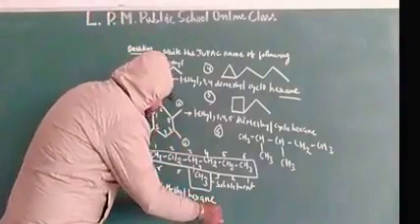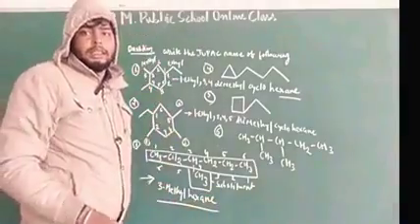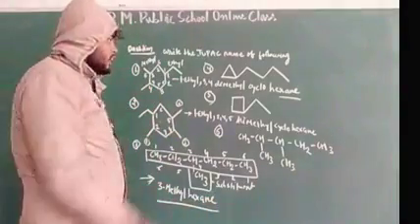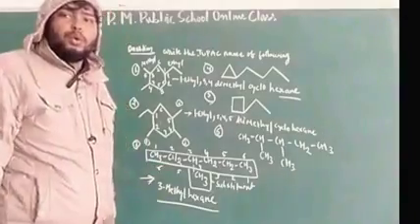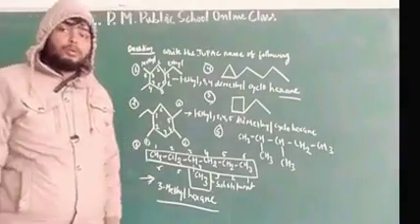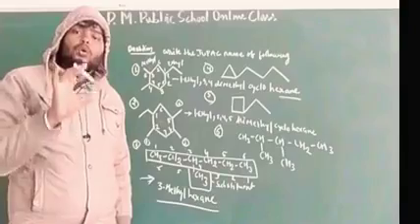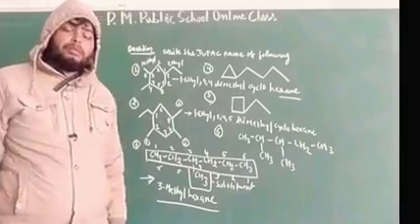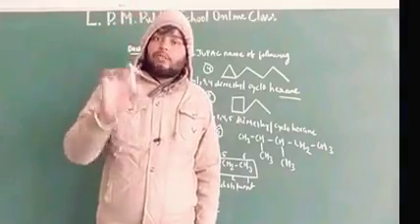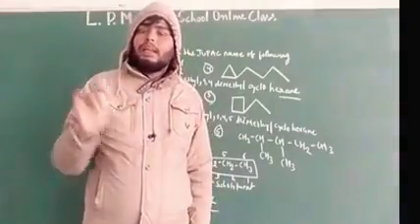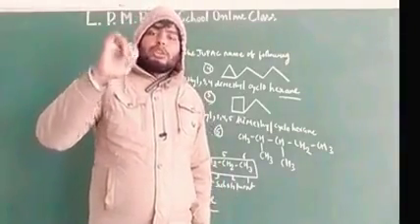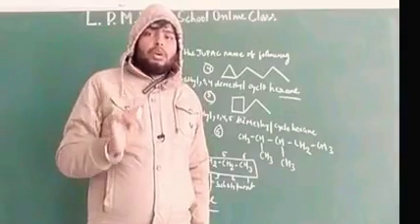That means this is 3-methylhexane. Very simple question, guys. You just have to follow the rules of IUPAC naming, which we studied in the offline classes. In your offline classes, you have to study every rule of IUPAC naming.